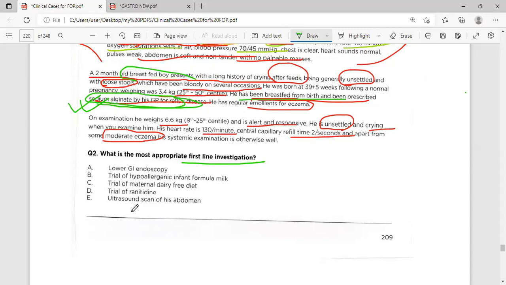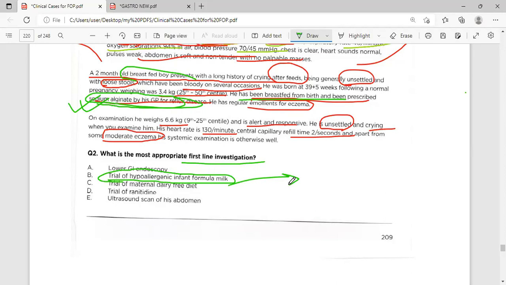Another thing, if he has not been breastfed, if he is taking infant formula, in that case what can we give? Hypoallergenic formula. Yes, soya, exactly. We are going to give a trial of hypoallergenic infant formula milk, known as extensively hydrolyzed formula milk, or we can say amino acid formula milk, or we can give soya based milk.